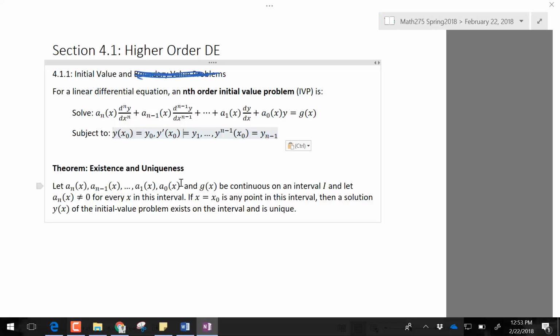Well, if you don't have an initial value, then your solutions would just be general curves, right? So a 2-parameter family of curves, 3-parameter family. So this existence and uniqueness theorem is based on your initial conditions.